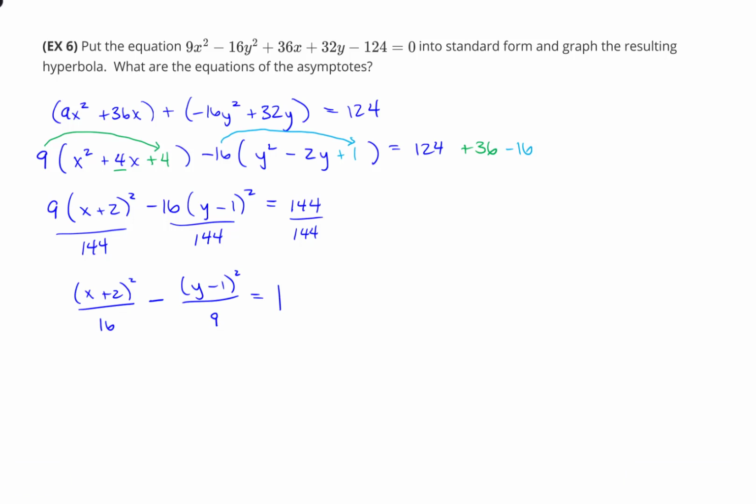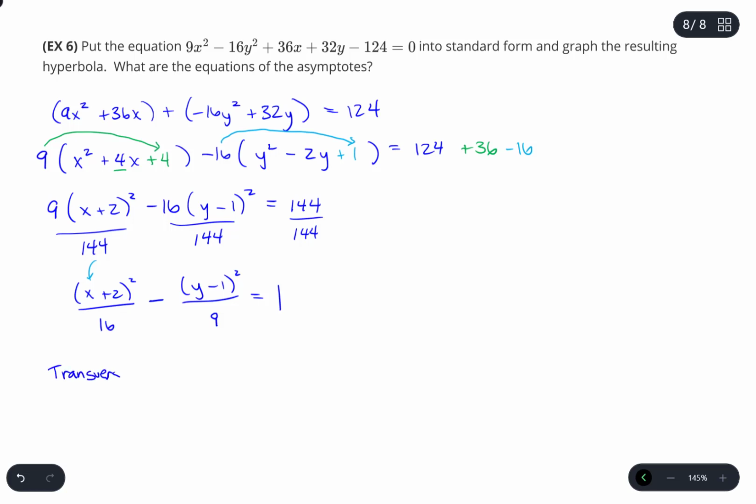Okay, so the x variable comes first. So that means my transverse axis is going to be horizontal, because that's the horizontal variable.